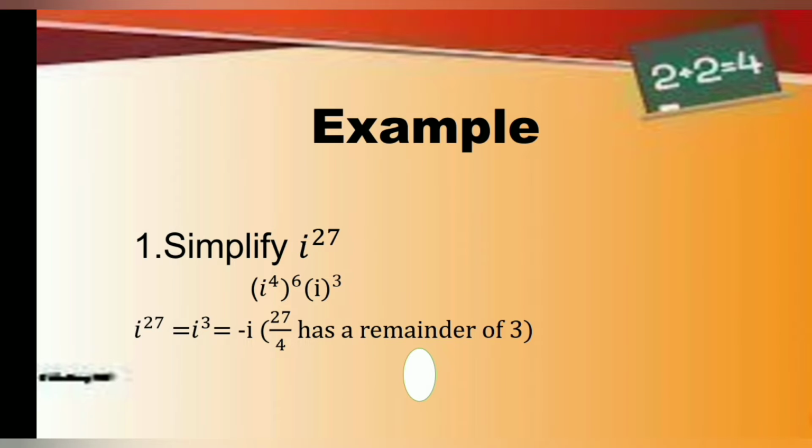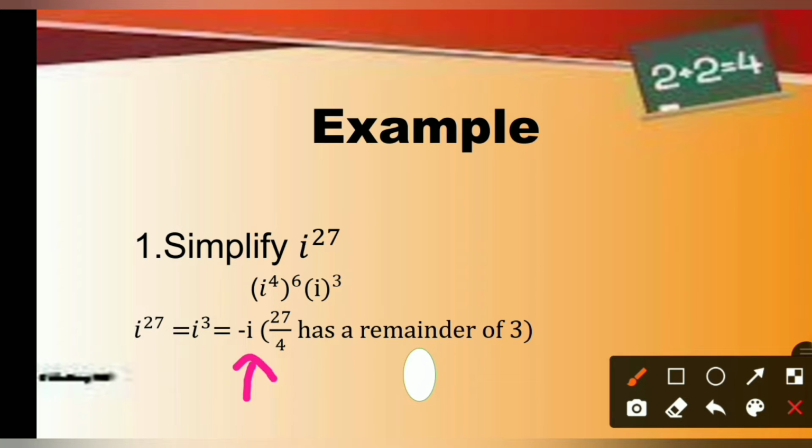So 27 over 4 has a remainder of 3. So i raised to the power of 27 is equal to i raised to the power of 3; that is what would be left. As I mentioned earlier, i raised to the power of 3 is equivalent to negative i. So this is the answer, negative i.